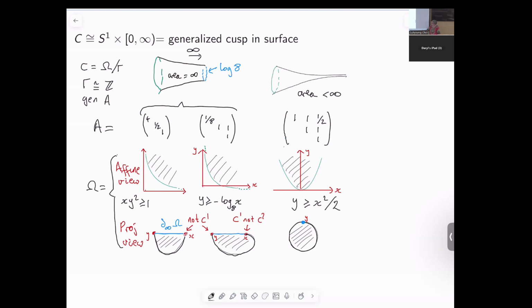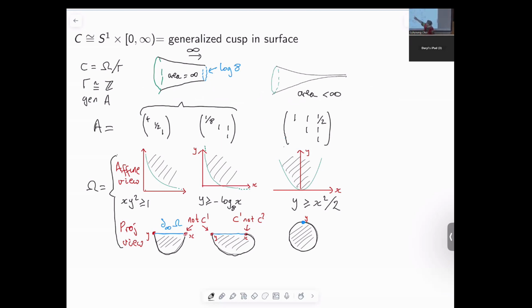So this domain has corners where the boundary of the domain is not C1. In this case, the domain in projective space is a curve which comes in transversely at the end corresponding to the y-axis. But the end corresponding to the x-axis, it actually comes in C1.